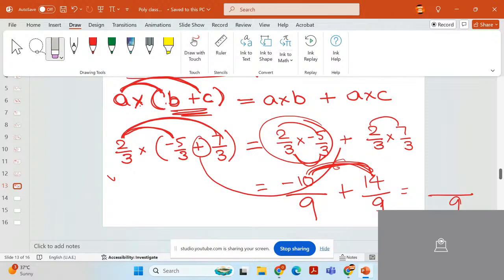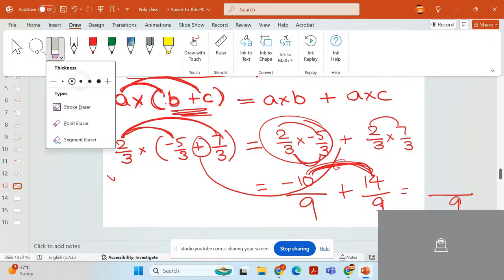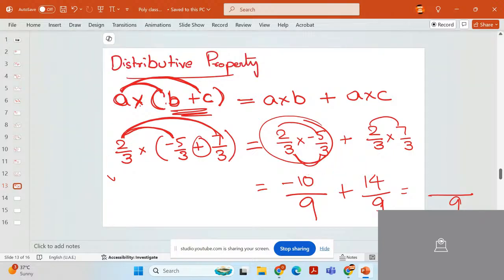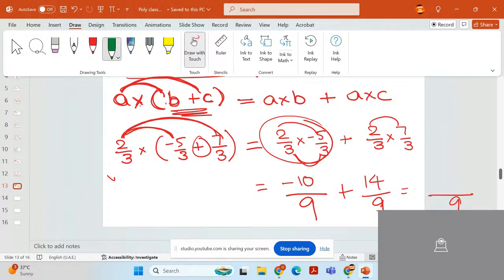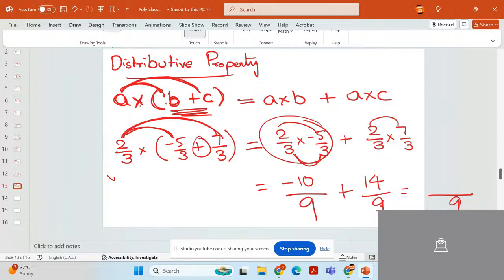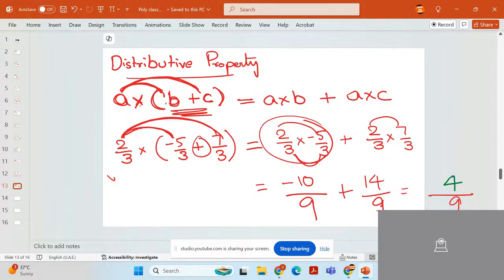You have to subtract. So 14 minus 10 is 4. And what is the sign of the bigger number, 14? Plus. So what is the answer? 4 by 9. If they ask you to use the distributive property, you have to do this.